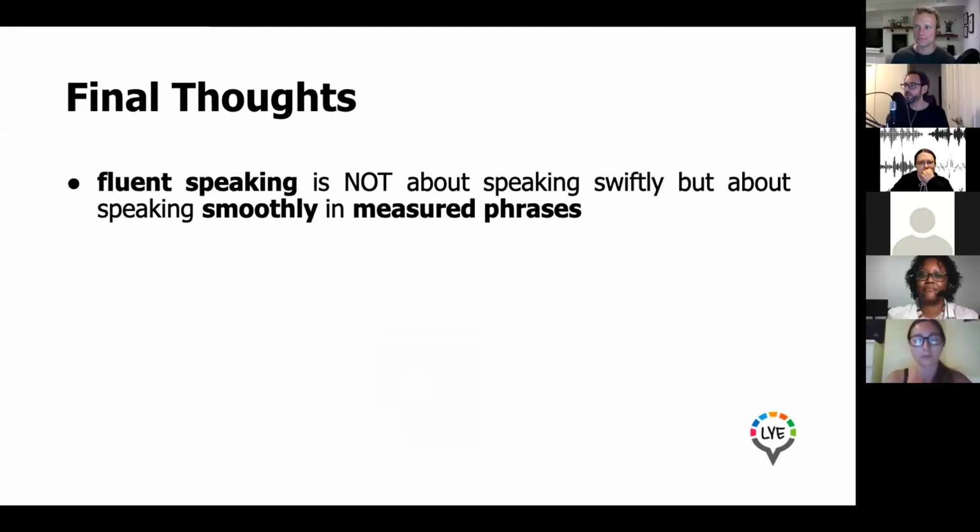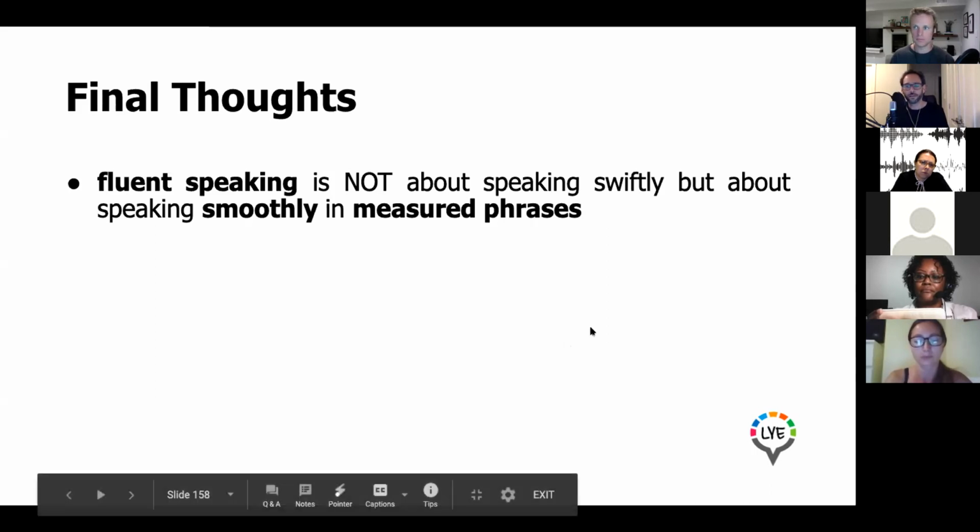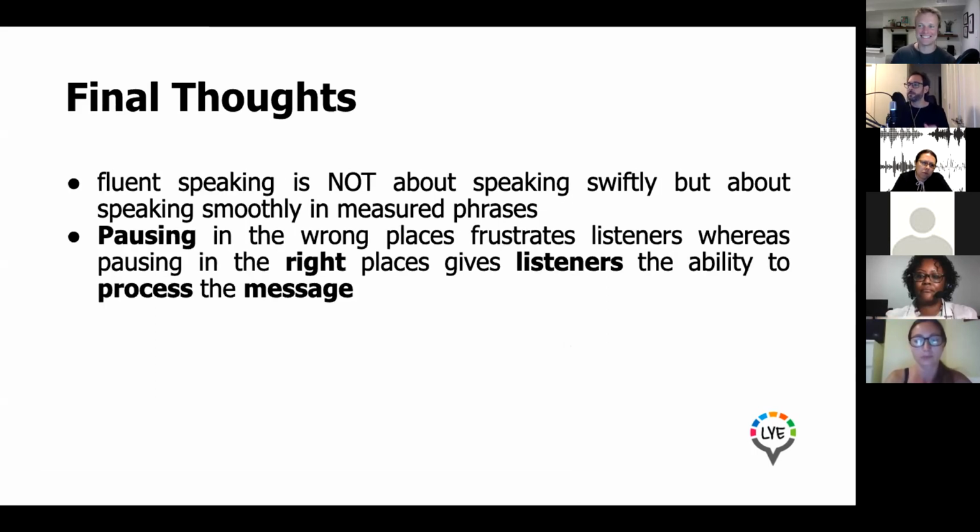Fluent speaking, in our view, is really not about speaking swiftly, but about speaking smoothly in measured phrases. Pausing in the wrong places will definitely frustrate listeners, whereas pausing in the right places will give listeners the ability to process the message easily.